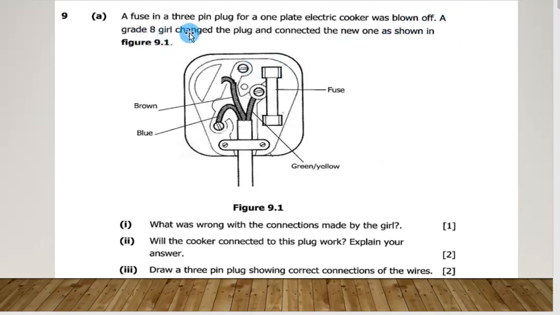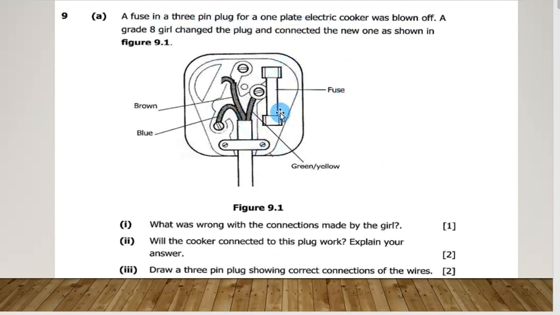A grade 8 girl changed the plug and connected to the new one as shown in figure 9.1. So a grade 8 girl decided to change the plug because the fuse in a 3-pin plug that was there in this 1-plate cooker was blown off. So she has replaced it with this one.